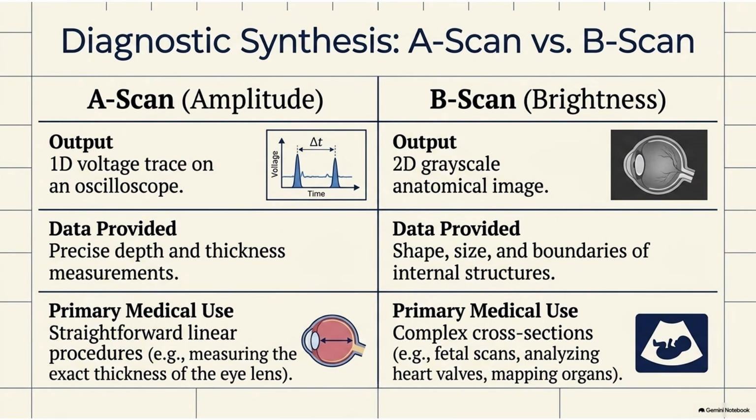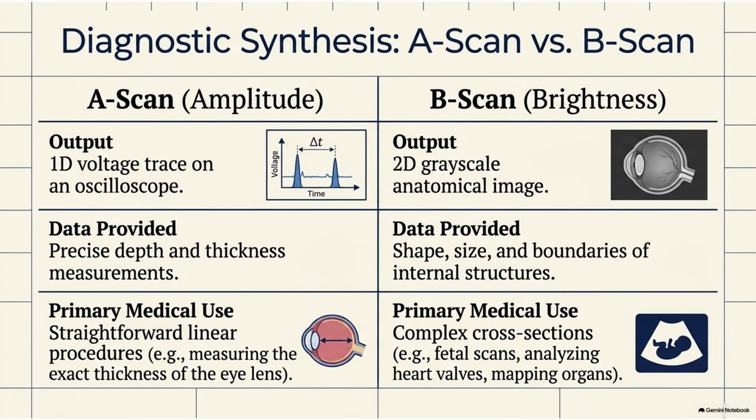Let's compare the two scanning methods. An A-scan produces a one-dimensional trace of echo amplitude against time or depth. Its major strength is that it provides precise information about the position and depth of reflecting boundaries. A B-scan, on the other hand, produces a two-dimensional grayscale image.